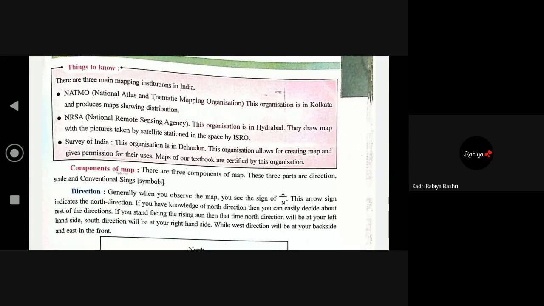They draw maps with the pictures taken by satellites stationed in space by ISRO. Number 3, Survey of India. This organization is in Dehradun. This organization creates maps and gives permission for their use. Maps of our textbooks are certified by this organization. Yes, understood everyone? The functions of both NATMO and NRSA.